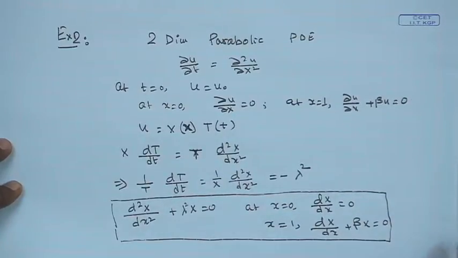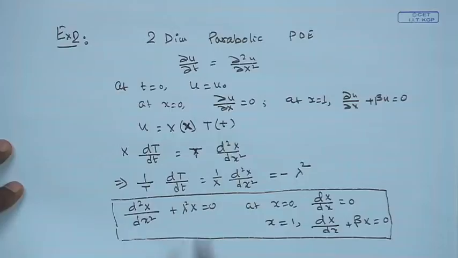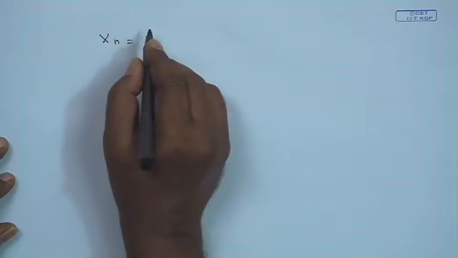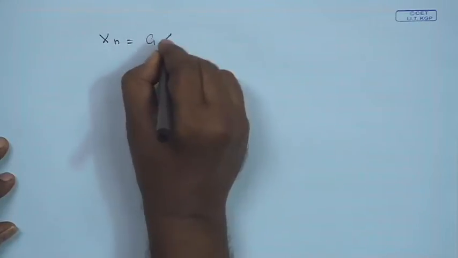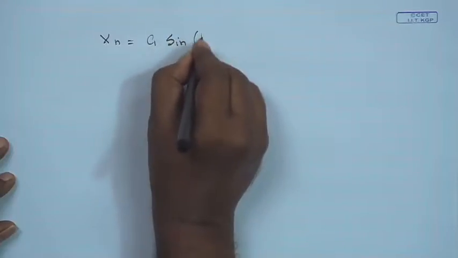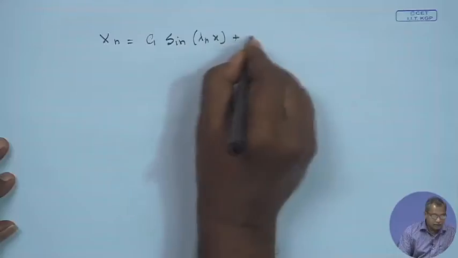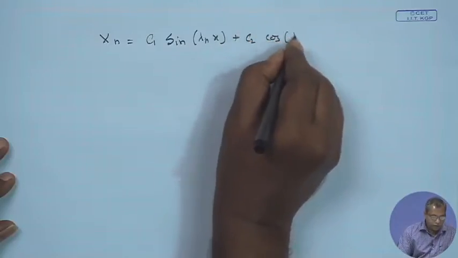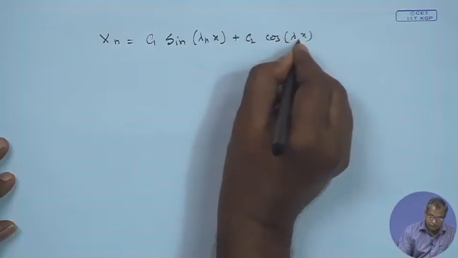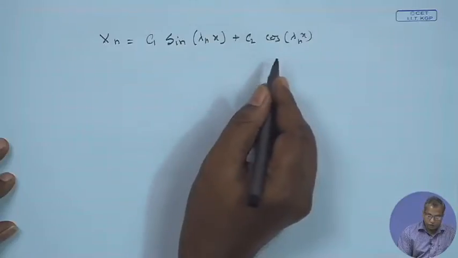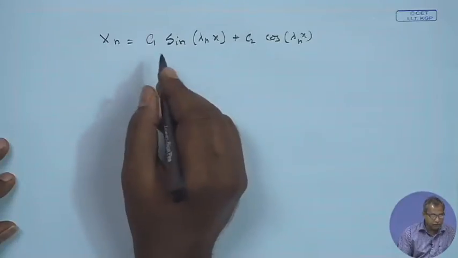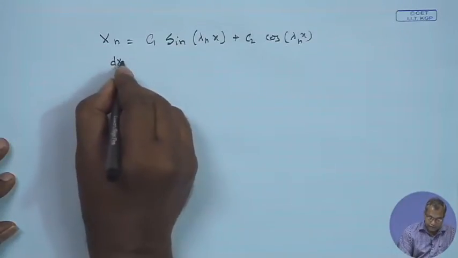As all of us know, the solution of the x varying part will be constituted by a combination of sine and cosine functions. So X n is equal to C1 sin lambda n x plus C2 cos lambda n x. Corresponding to the nth eigenvalue we will be getting this solution.